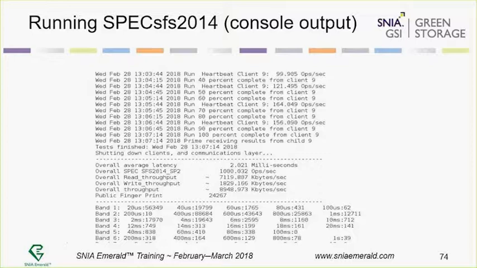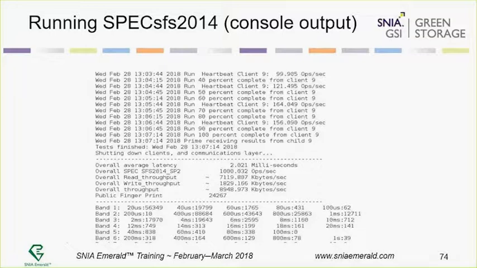And then he gives you this banding thing at the bottom. Of all the ops that he did, he says, I measured all of them and I put them in kind of a histogram. Band 1 of the histogram is the system calls that took 20 microseconds or less. Next step is 40 microseconds, 60, 80, and he goes all the way down into seconds.